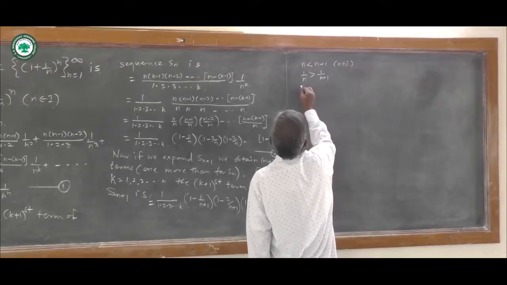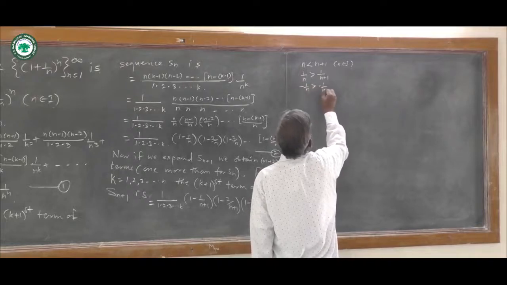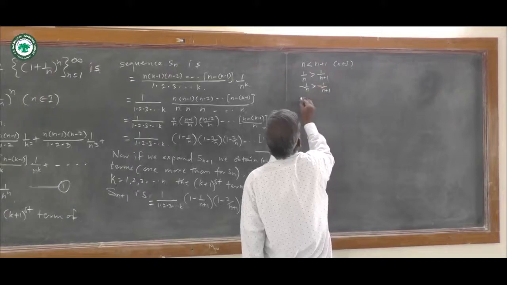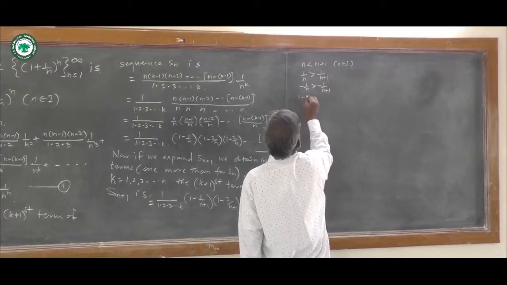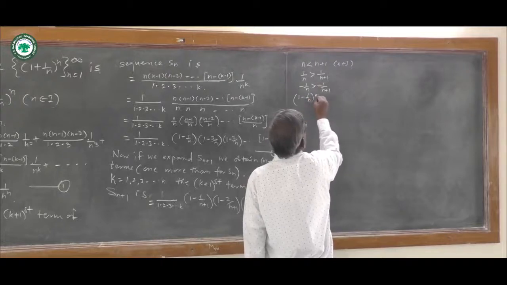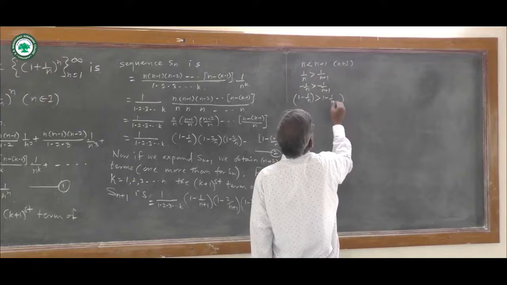Multiplying by minus 1, minus 1 upon n is greater than minus 1 upon n plus 1. Adding 1, we obtain 1 minus 1 by n is greater than 1 minus 1 upon n plus 1.